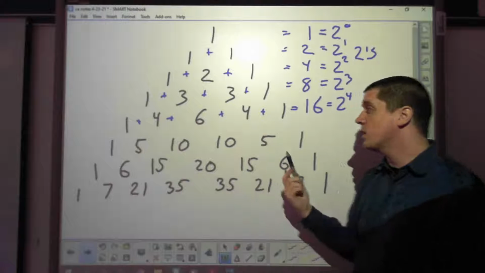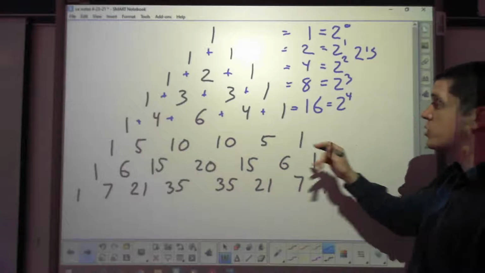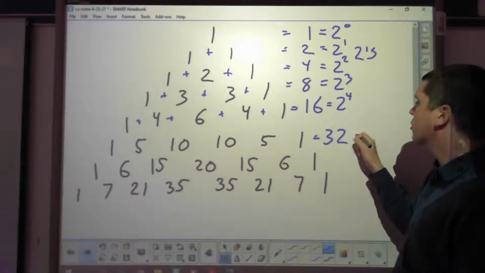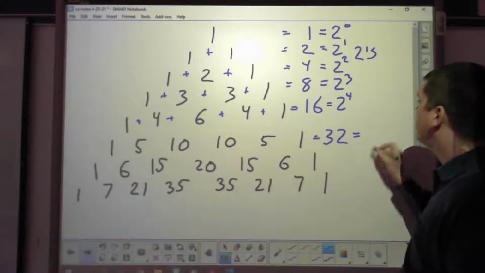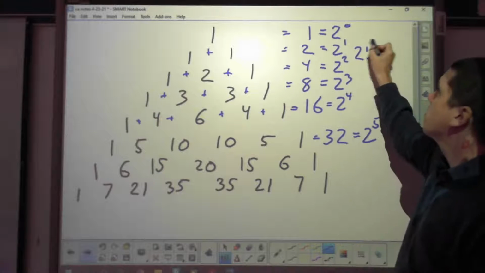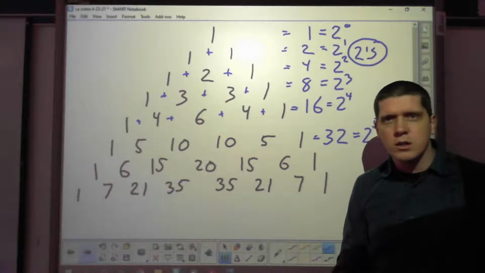So this row right here, I can tell you without even adding it up, which we could if we wanted to, I know this is going to be 32, because that's what 2 to the 5th is. So that's what we call the twos trick.